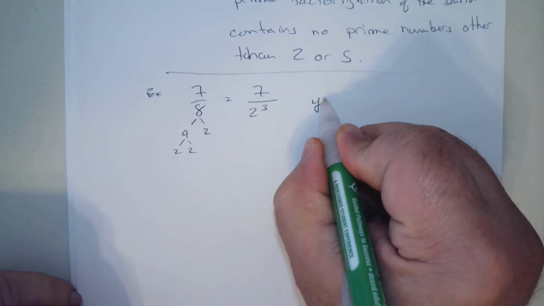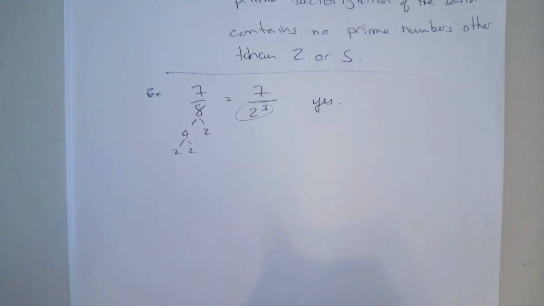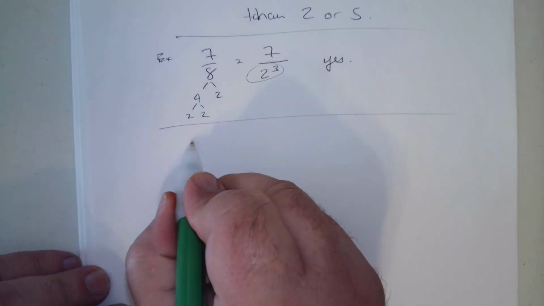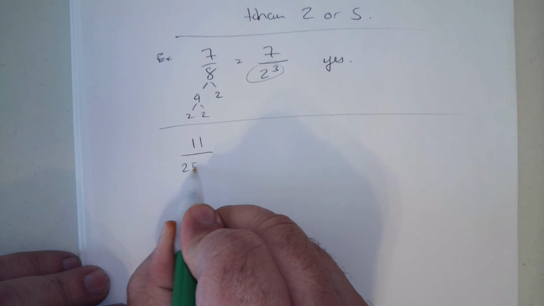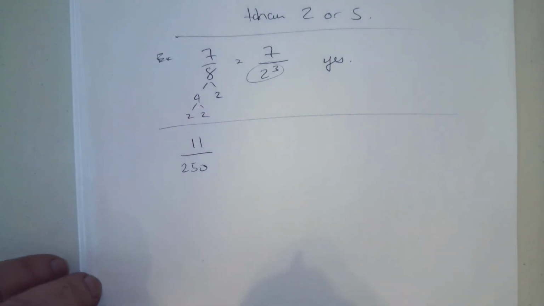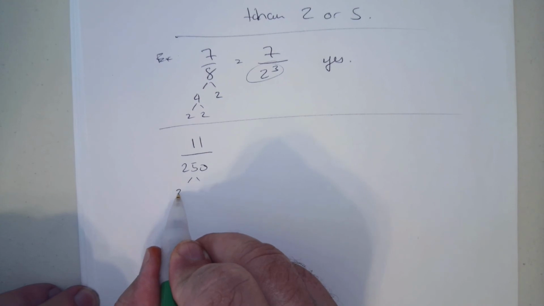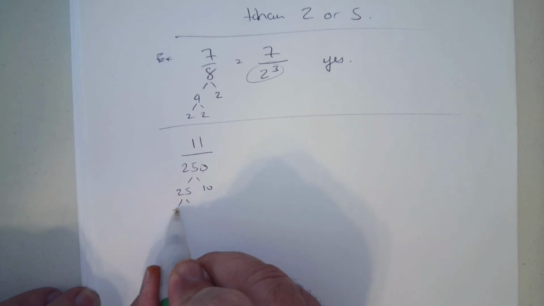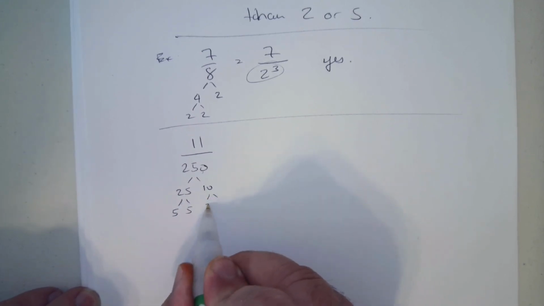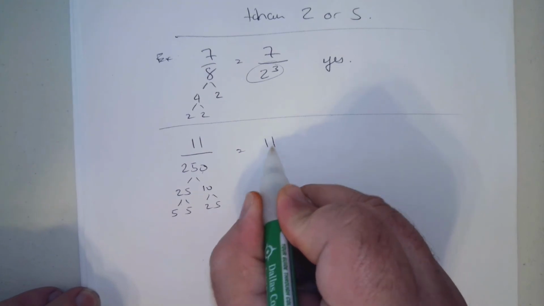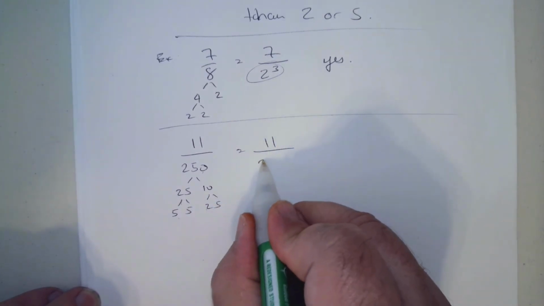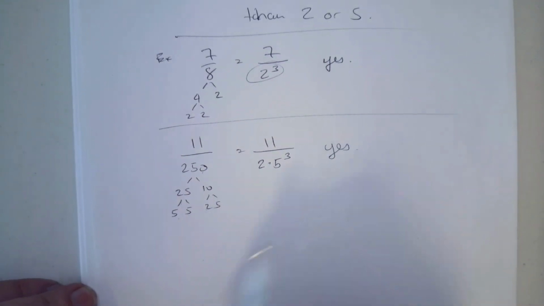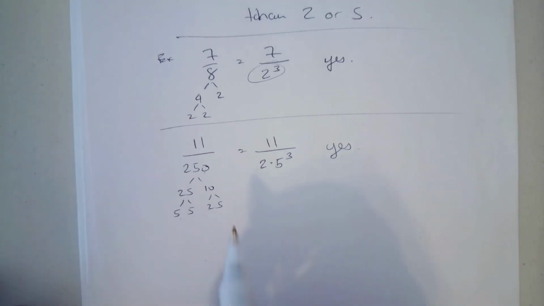So yes, since the bottom is only factors of 2. 11/250. 250 is 25 times 10, because it ends in a 0, it's times 10. 25 is 5 times 5. 10 is 2 times 5. So the bottom is 2 times 5 to the third. So yes, it can, because the bottom's only 2s and 5s.